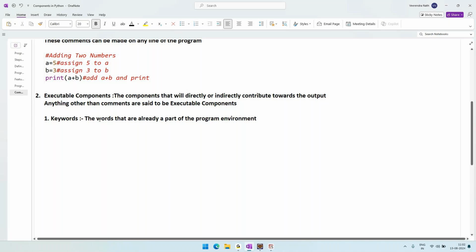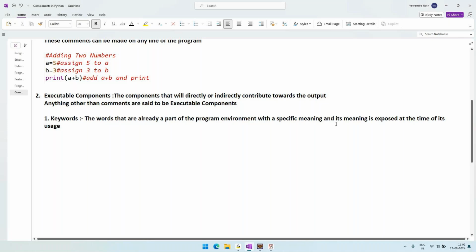Keywords are the words which are already a part of the program environment with a specific meaning, and its meaning is exposed at the time of its usage.